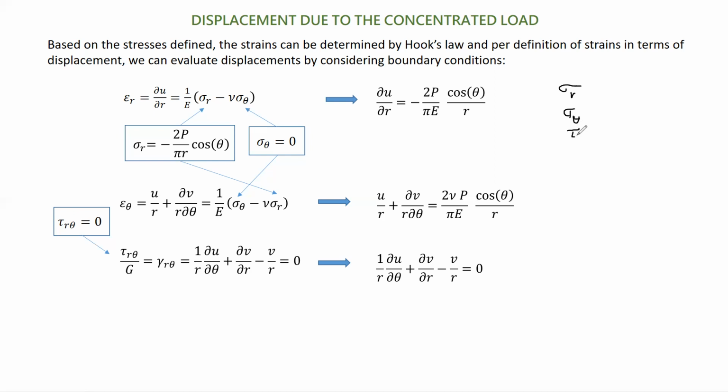I know tau r theta for the case of concentrated load P applied on that surface. I want to calculate displacement U and V based on the knowledge that we have on the stresses. The first step, we use the Hooke's law. With the Hooke's law, we calculate epsilon r, epsilon theta, and gamma r theta.